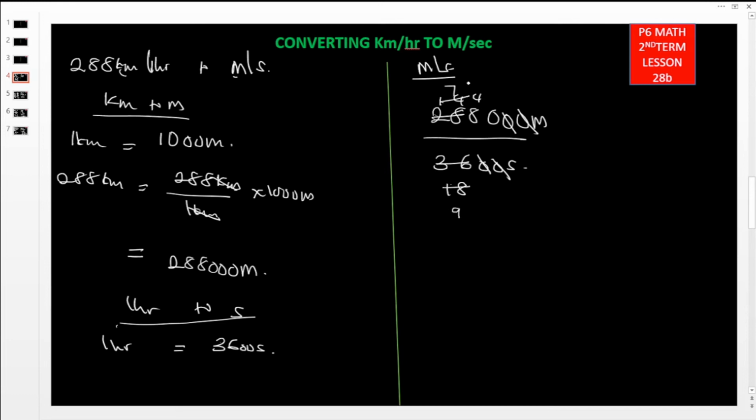By 2 we are getting 72. By 2 we are getting 36. Then by 2 here is giving us 18. Then by 3 here a 6, then by 3 here a 1. Then by 3 here it's going to be a 9, right? So it's giving us 9. Now remember, this 0 has to come here, so that is 90 meters per second.